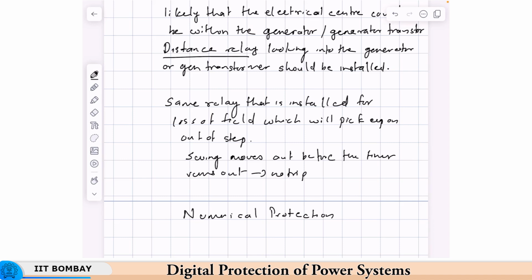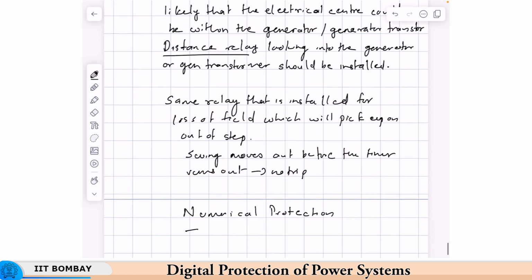Numerical protection could be done in time domain or frequency domain. Time domain meaning you could do a sample to sample comparison.